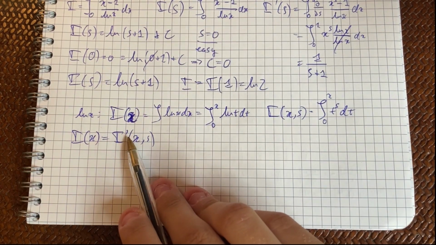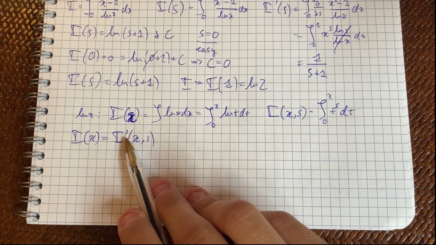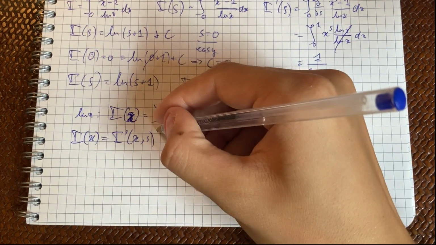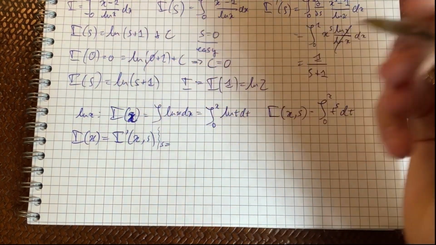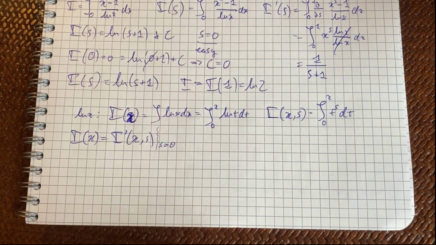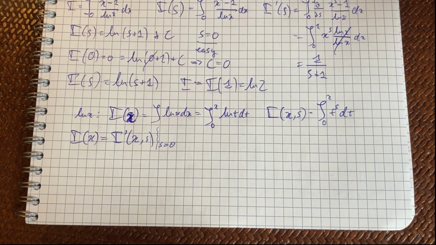And here by derivative, I mean with respect to s, and where here s equals 0. So, well, this is a bit more complicated than usual Leibniz rule, but well, it's doable.